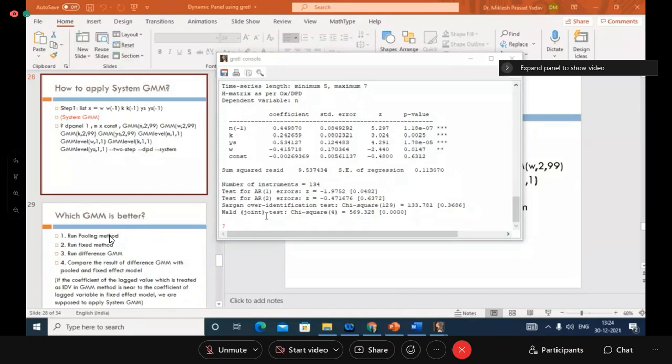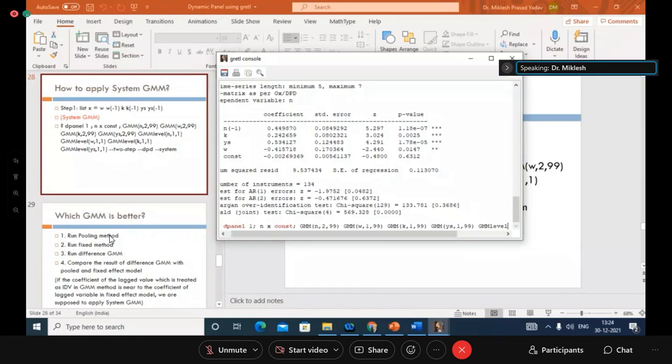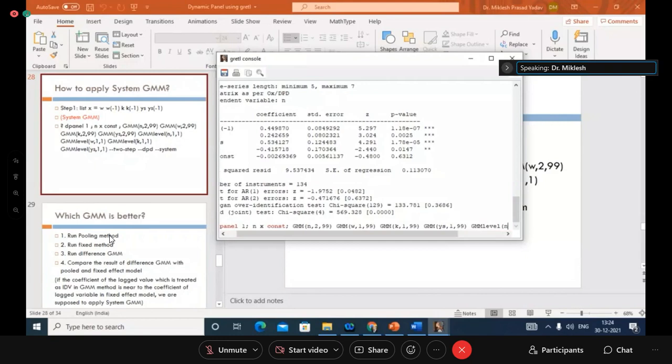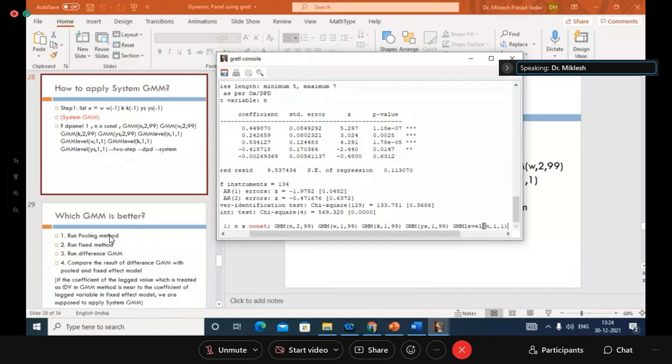Okay. So now we apply system GMM. Very simple command. Everything remains the same. What we are supposed to write? We are supposed to write gmmstyle level, n comma 1 comma 1, right?